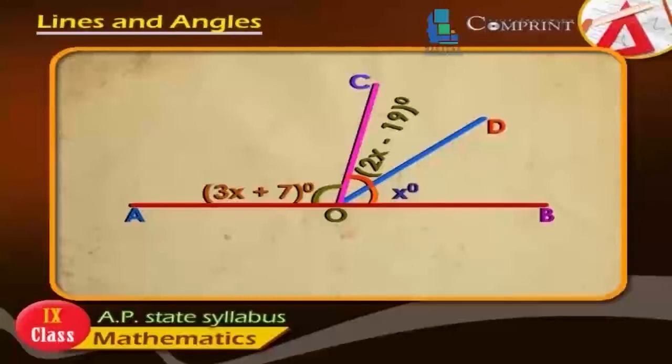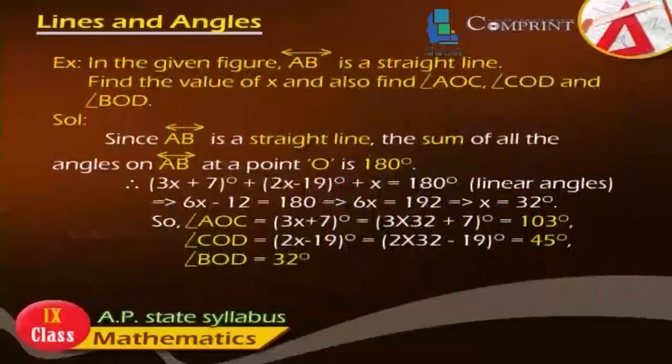Since AB is a straight line, the sum of all the angles on AB at a point O is 180 degrees. Therefore, 3x plus 7 degrees plus 2x minus 19 degrees plus x is equal to 180 degrees, a linear angle. Implies 6x minus 12 is equal to 180.